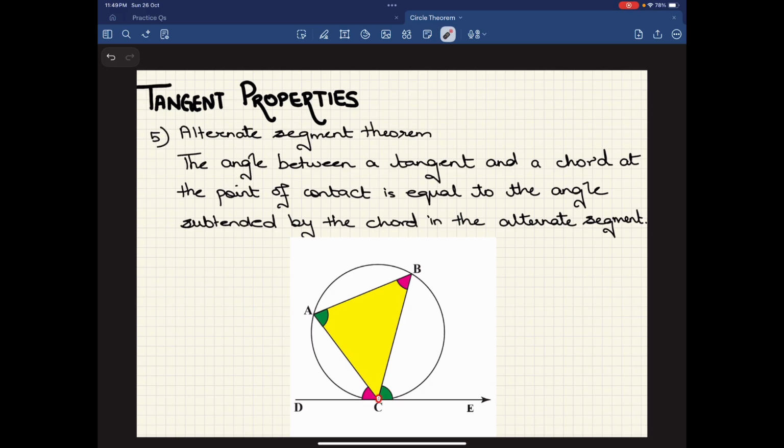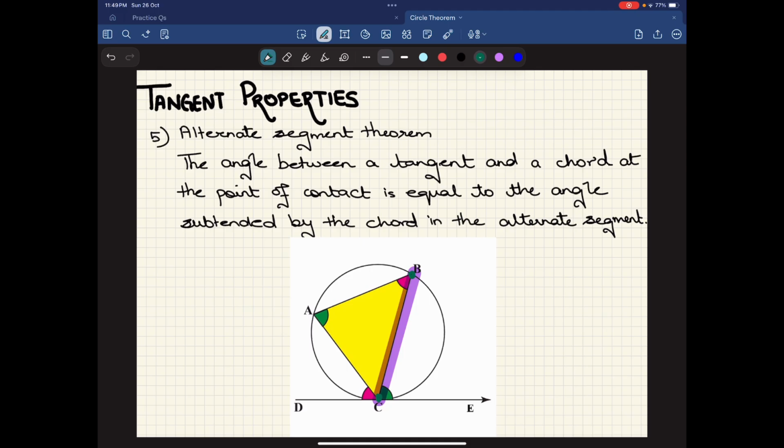So which is the chord that we're looking at? We're looking at chord BC, right? And which is the segment where the angle is made? It is this segment, right? So which is the alternate segment going to be? This one. So now look at the ends of this chord. The ends of the chord are C and B. And now see where in the alternate segment this chord subtends an angle at the circumference of the circle.